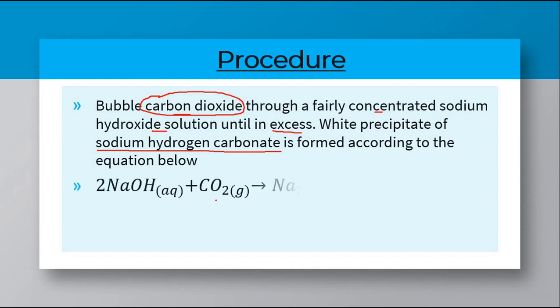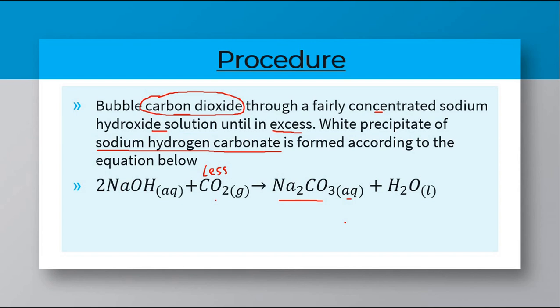So this is the equation. You can see that in the first stage we are having sodium hydroxide reacting with carbon dioxide. Here it means that we are having less carbon dioxide gas, and that is why we first form sodium carbonate. Remember, this is a soluble salt, that's why we are calling it aqueous.